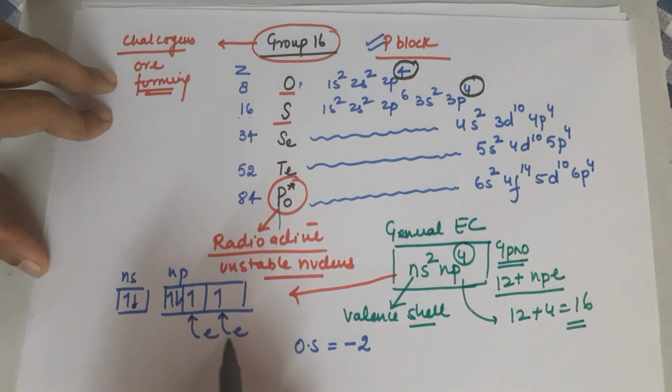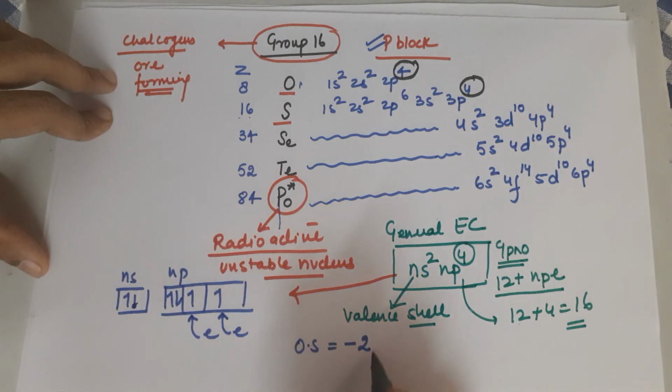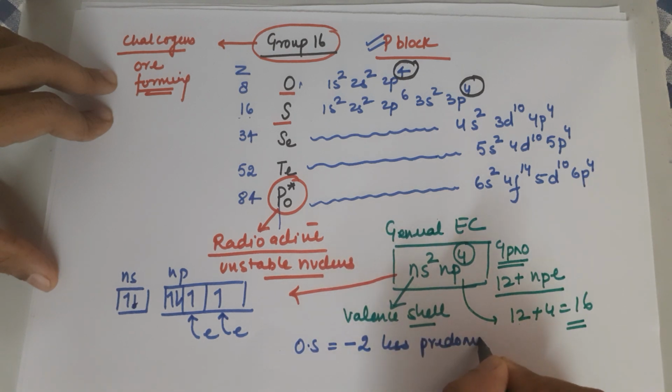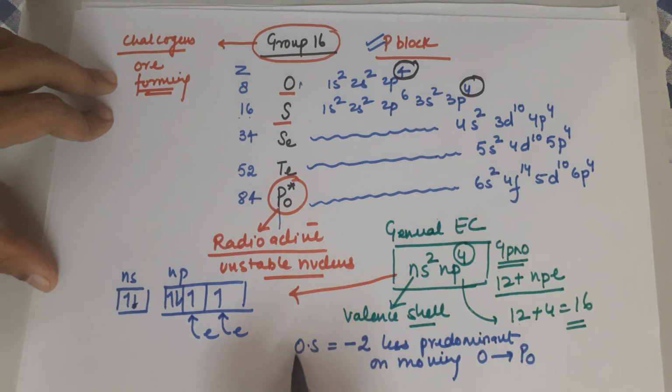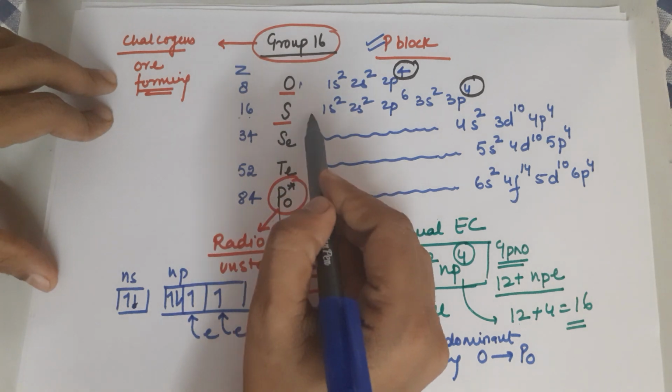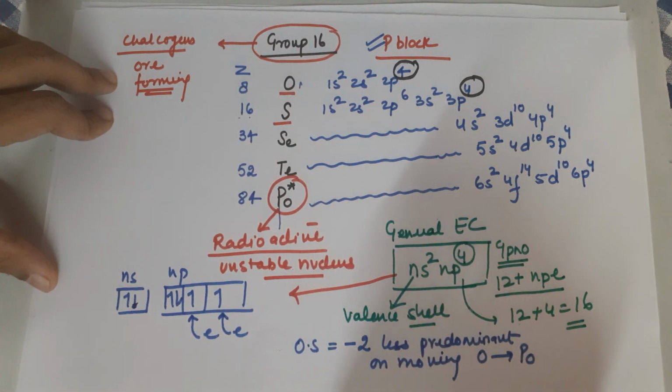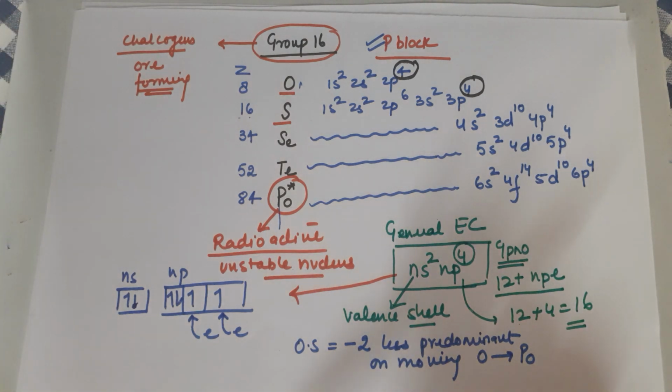Therefore, accepting 2 electrons, the -2 oxidation state, is less predominant on moving down the group from oxygen to polonium. So when we talk about -2, it is more or less a property of the first two members, which have a tendency to gain electrons, while the rest do not. Moving to the other oxidation states of this particular group.